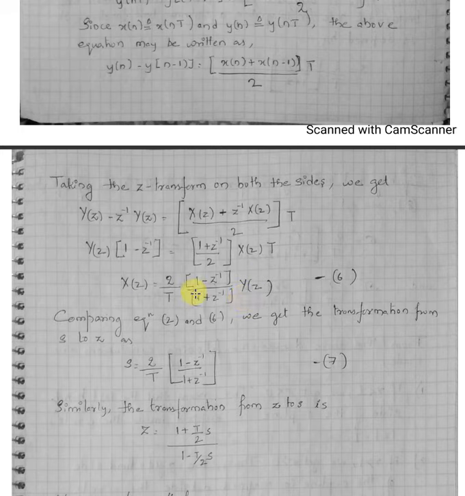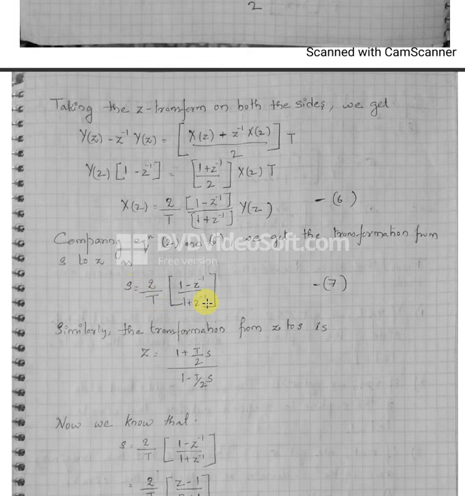Now I will tell you about the transformation, that is, how every point in the s plane is mapped to the unit circle in the z plane. How do we obtain that? Again with a small derivation. We know the bilinear transformation equation, s equal to 2 by t, which we derived just now, rewritten as this. Now s is considered to be sigma plus j omega, and z is r e to the power j omega, where r is the radius of the unit circle.